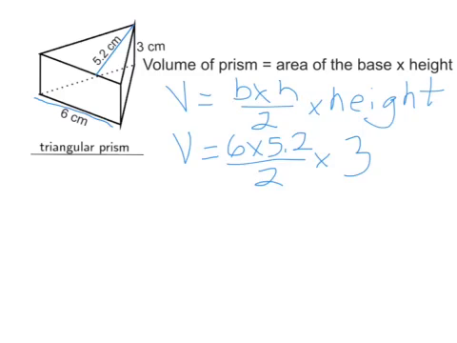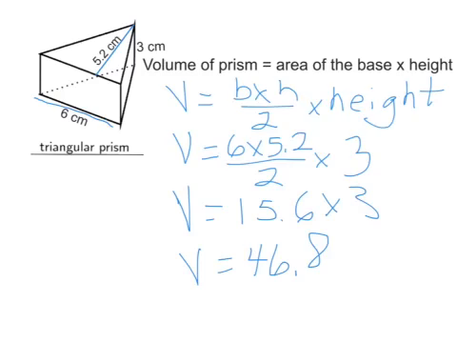So let's go on with the calculation. And here I've done the calculation, and we end up with a volume for this prism of 46.8 centimeters cubed. Remember, volume is always given as a cubic unit.